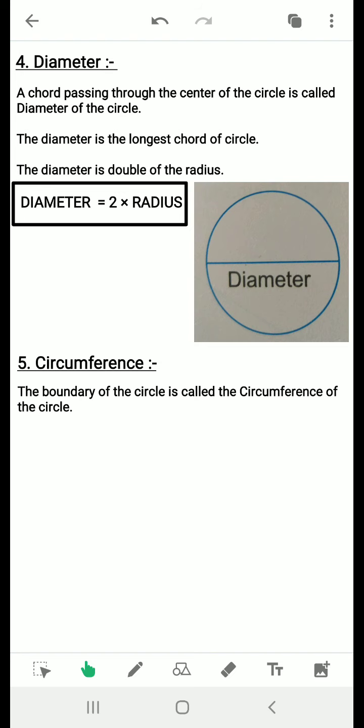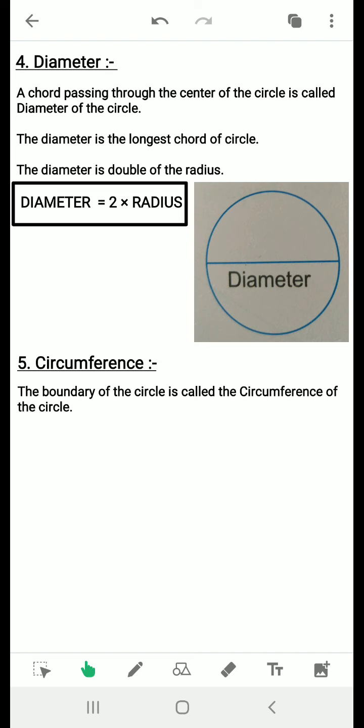There are a few properties also. The diameter is the longest chord of a circle. First thing, the diameter is the longest chord of a circle, and the diameter is always double the radius, 2 times the radius. If you multiply the radius by 2, then you will get the diameter. So now if someone asks you that the radius of a circle is 6 centimeter, then what will be the diameter?